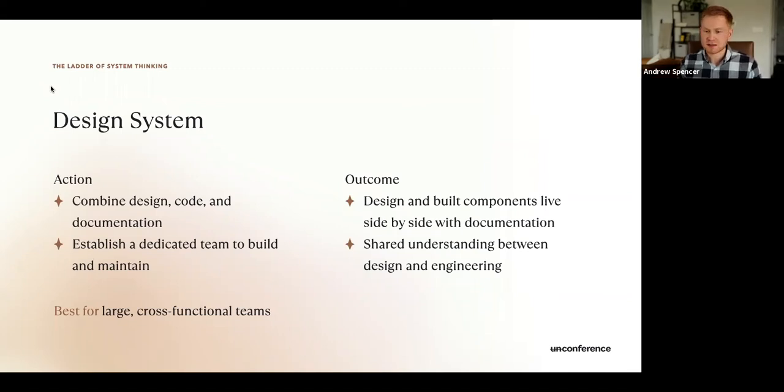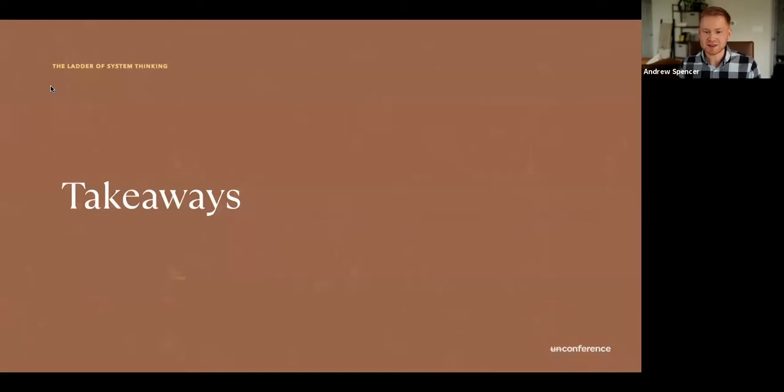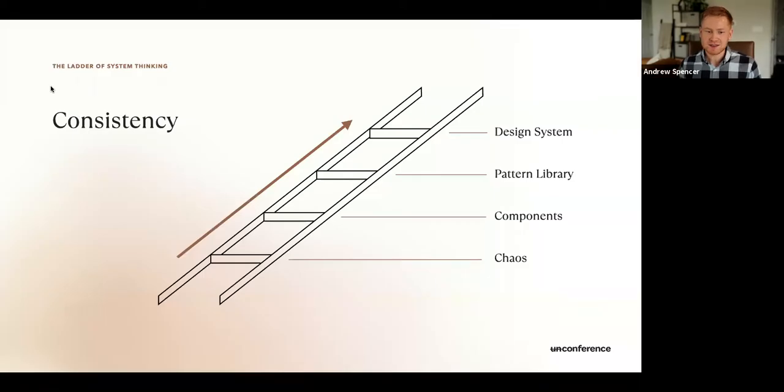So a few takeaways and some things that we can learn from this method. Some advantages here, number one, consistency. As you go up the ladder from chaos all the way up to a design system, you're creating a shared language for collaboration. So now everyone's on the same page.